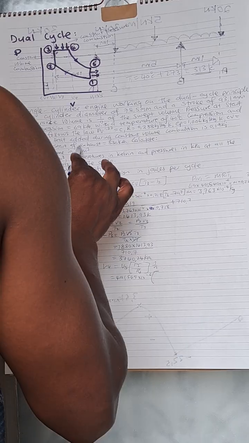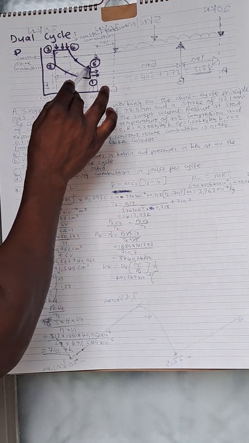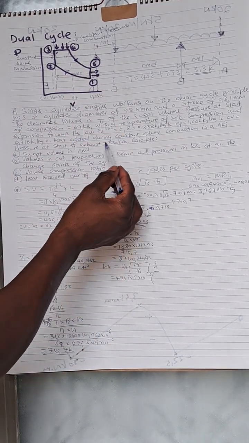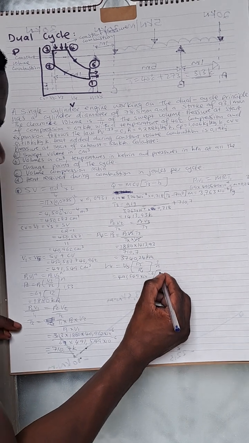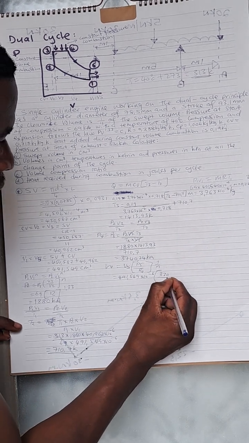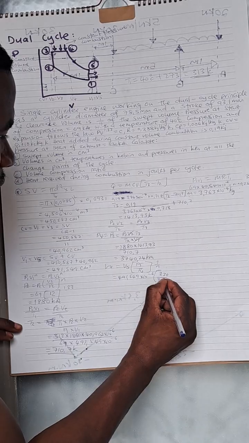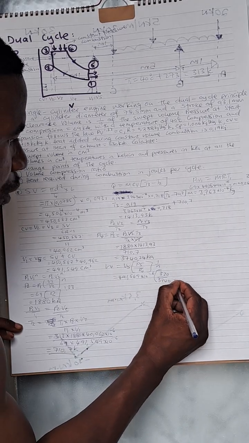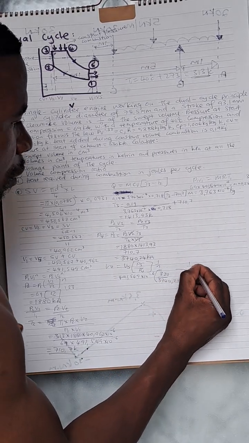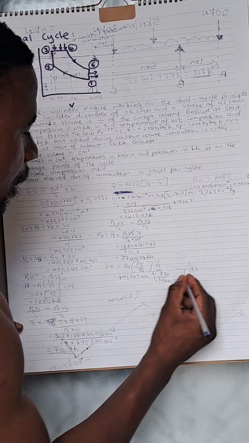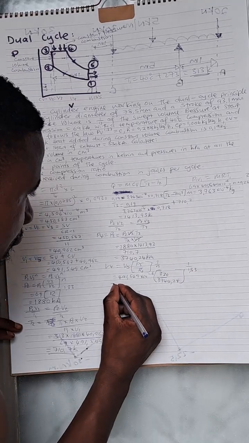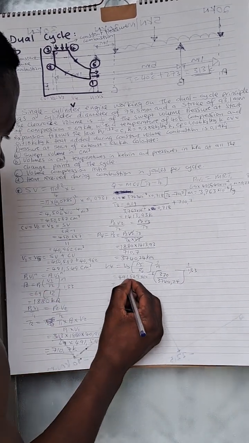Where is the statement? The pressure at the start of exhaust. This is our start of the exhaust. So P5 is given as 330. That is the pressure at the start of exhaust. And then P4, we calculated it, we got as 3740.24. Our n is 1.33. So let's get our answer.